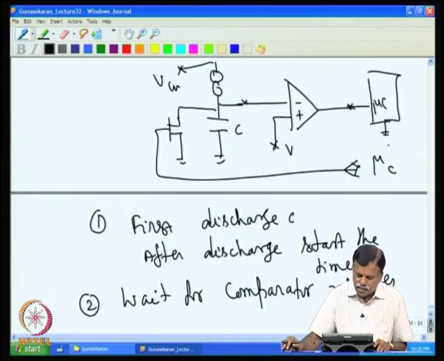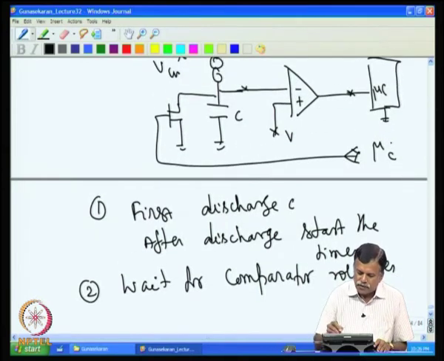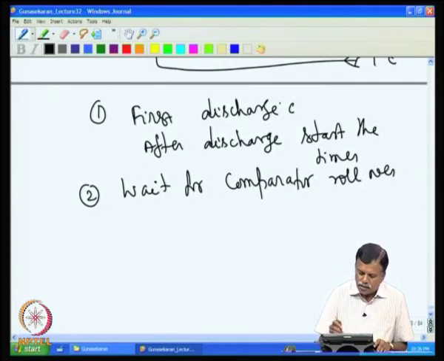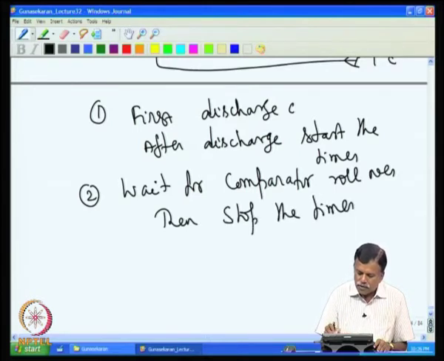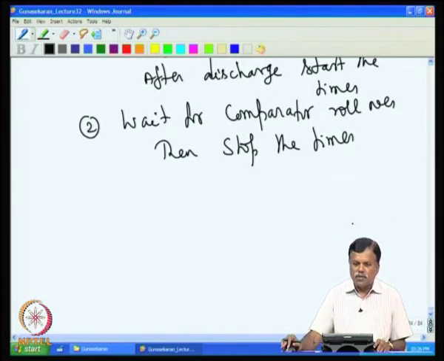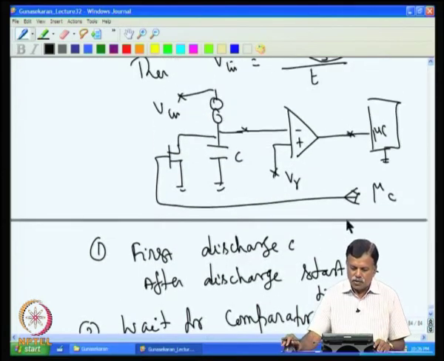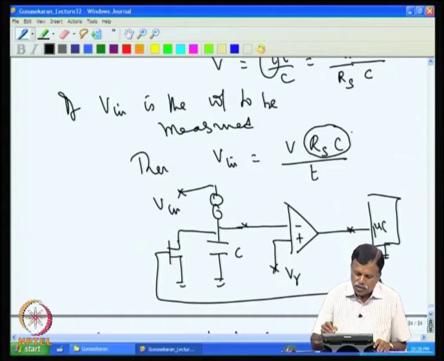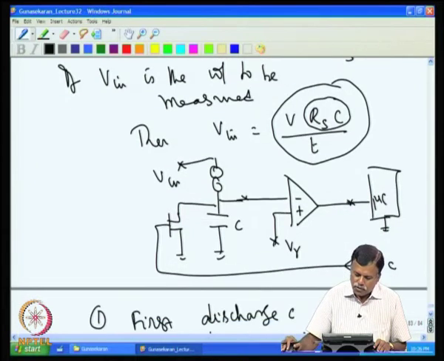Once the comparator changes state, which happens at V reference, stop the timer. The time t gives you V in using this formula, because all these parameters are fixed. So one can do this.